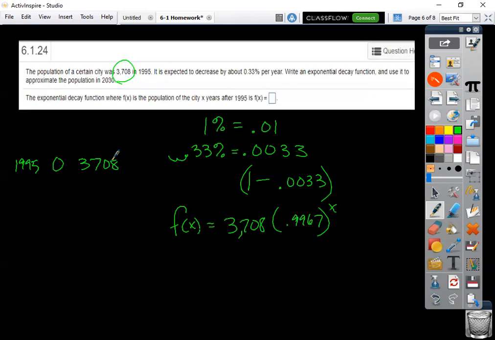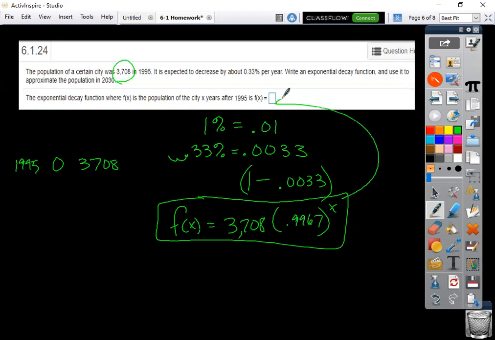So now the next thing that it asks though, the exponential function f of x, so this right here is what's going to go right in there for the formula for that. But then it also goes on to say, don't forget, we were supposed to answer this for the year 2030.